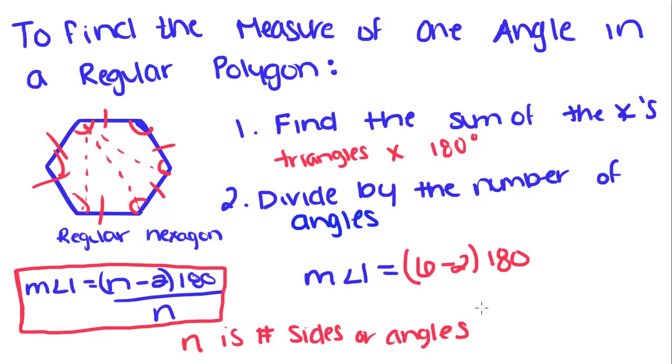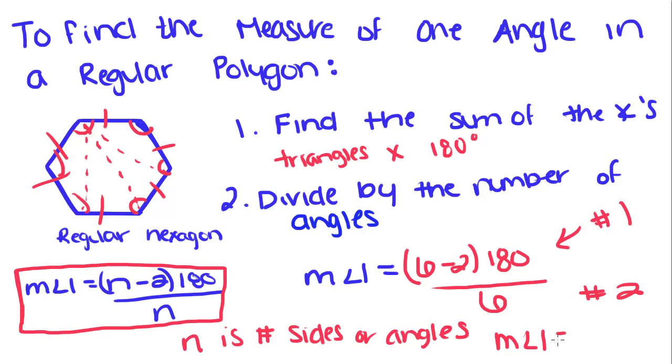times it by 180. This top part is number 1, finding the sum of the angles, and when you divide by the number of sides, when you divide by 6, you're doing number 2, and we're just doing it in one step.